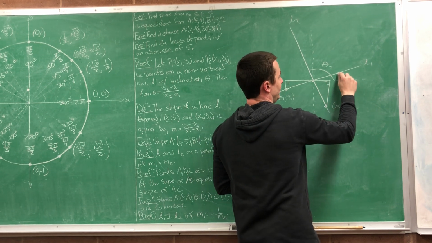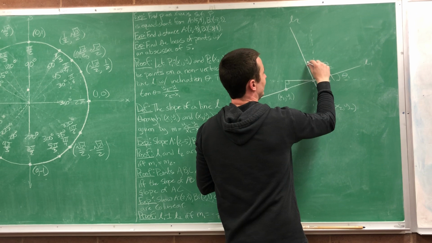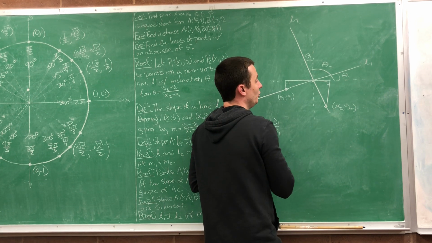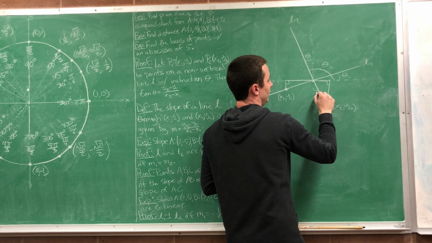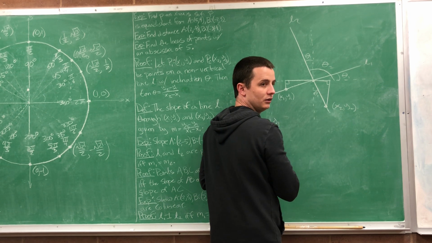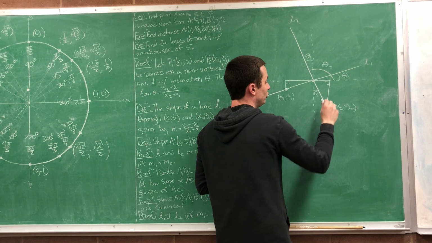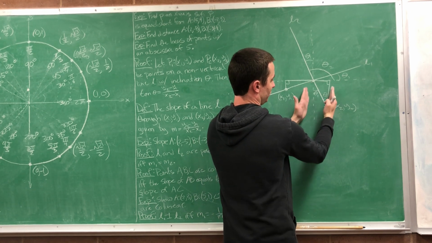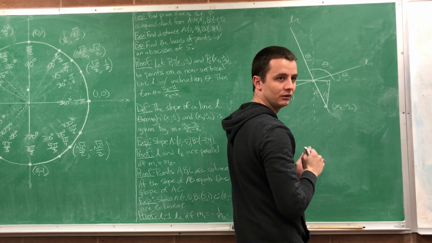So this angle right here is going to be the same as this angle right here. This is also theta 1. Which is going to be the same as this angle right here, theta 1. Which is going to be the same as this angle right here, theta 1. Because these two lines are supposed to be parallel, even though I didn't draw it that way.